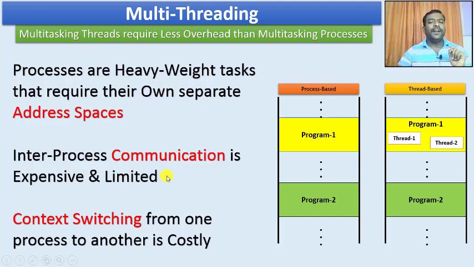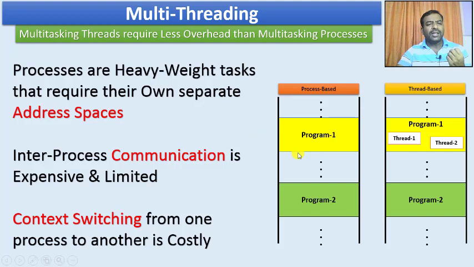And next, inter-process communication. I am going to have two processes here, P1 and P2, or program 1 and program 2. Right now they are not dependent, but I may need some communication. I need some data to be exchanged between these two programs for some reason.